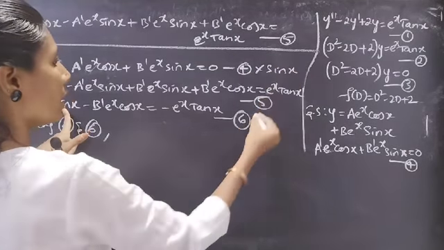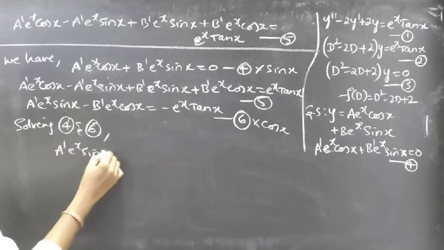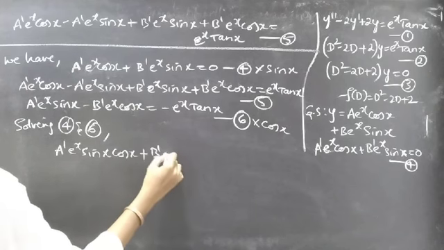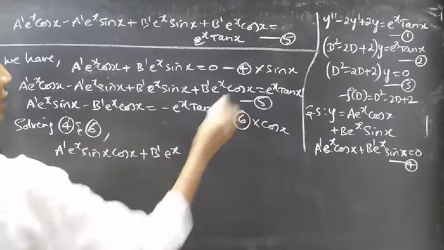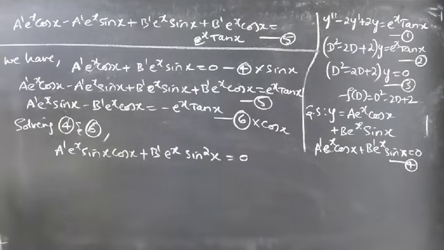Then I'll get a dash e power x sin x into cos x plus b dash e power x sin x into sin x, sin square x, equal to 0.